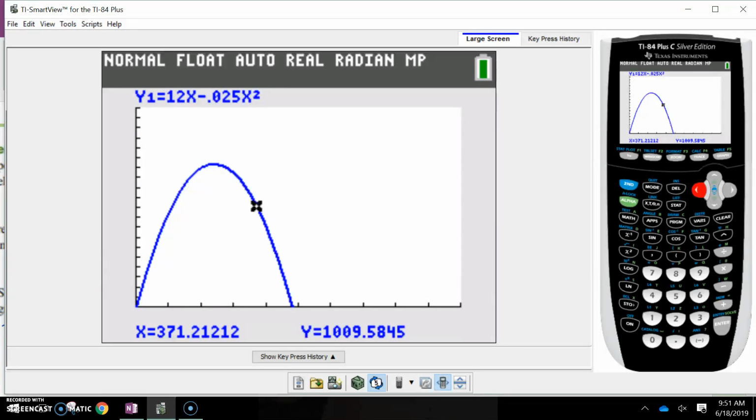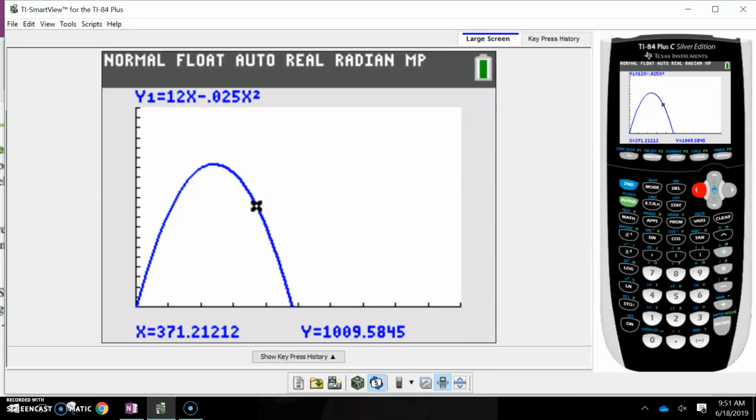I could also find the vertex and find out how much I am there as well. So there's one place. So that's about 372 units.